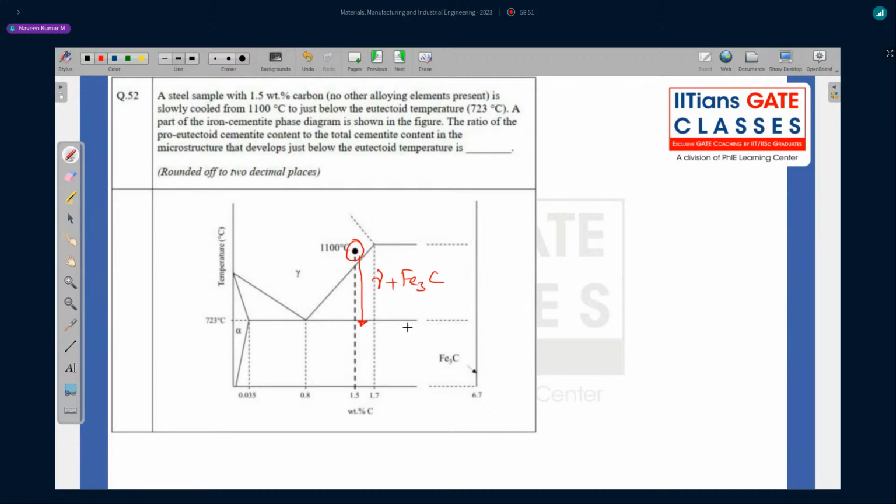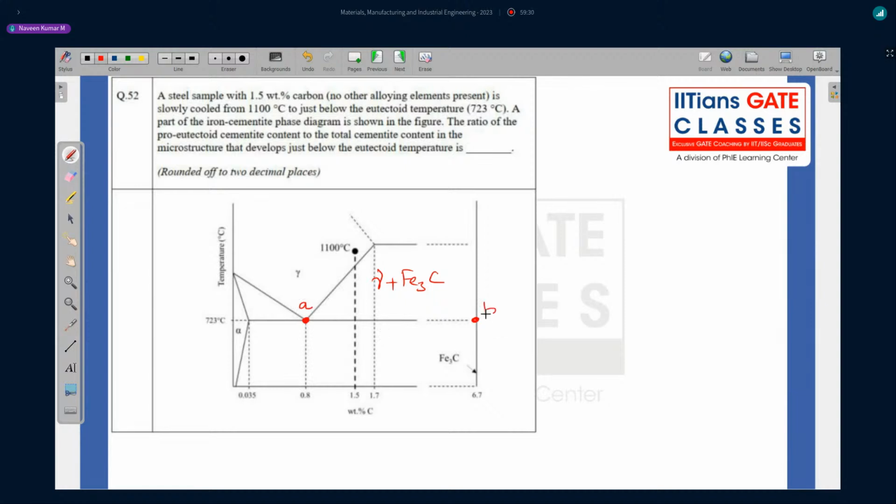So let's do the terminology also here. If you see here, this point is what is important. Why is it important? Because that is where 100% pearlite is reaching 100% of cementite or pro-eutectoid cementite. I'll write point A. A is 100% pearlite.